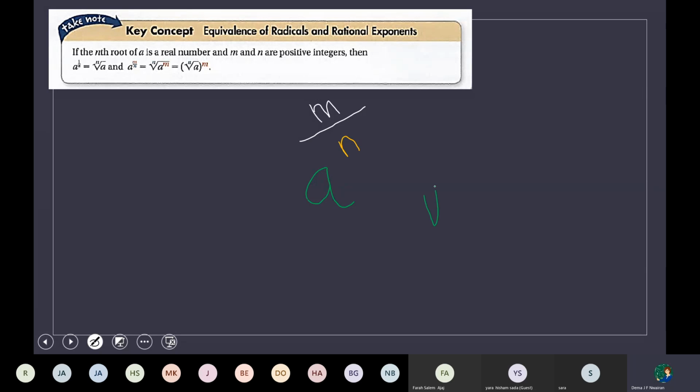You have to put now the root sign with letter a, which is the green one, and m, which is up, I will write it up, and n, which is the brown one, I will write it down. Look here, it is m over n. Here you can say it is n over m. So you have to write it now like the reciprocal of it.